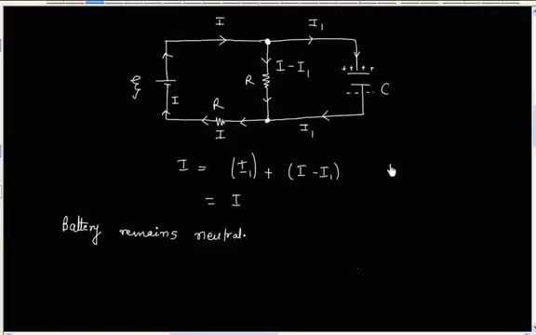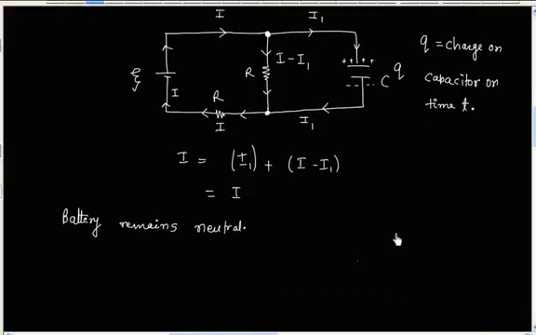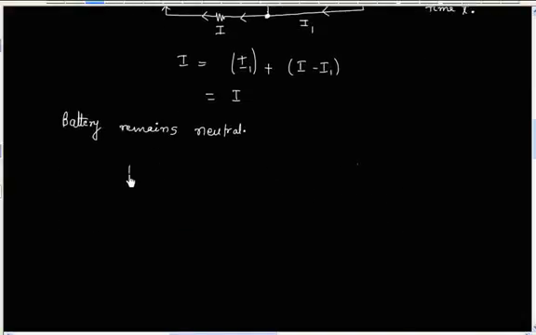Now let us say at any time t, the capacitor has a charge of Q. So Q is the charge on the capacitor at any time t. So we have three unknowns.